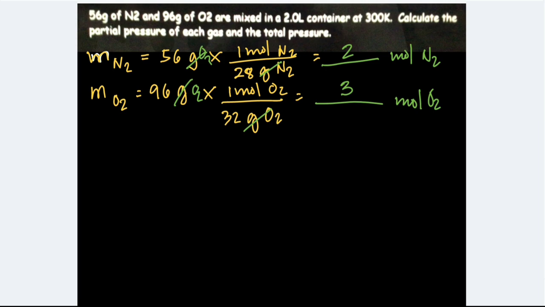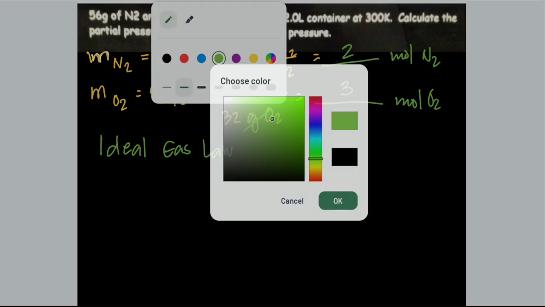Okay, the next thing we do, we already have the number of moles, but we're also given the temperature, right? So maybe we can use the ideal gas law to find the pressure.